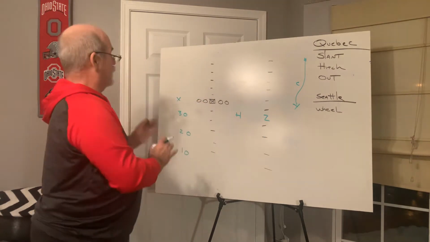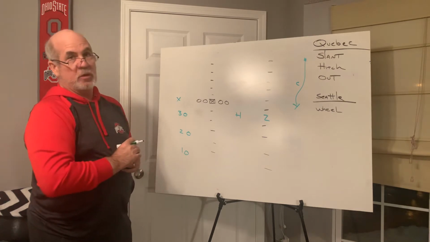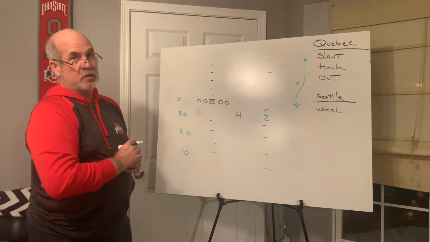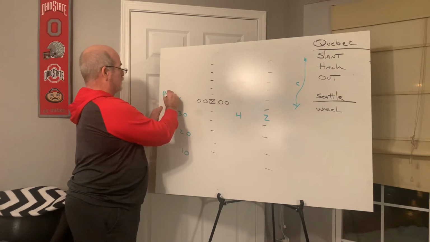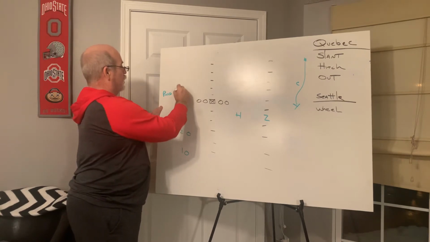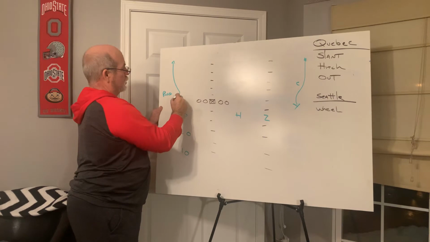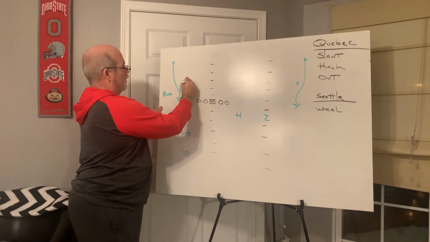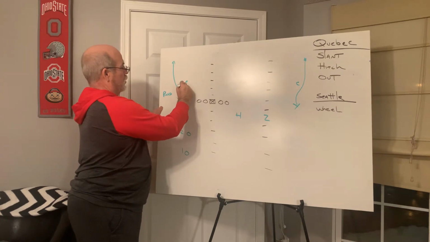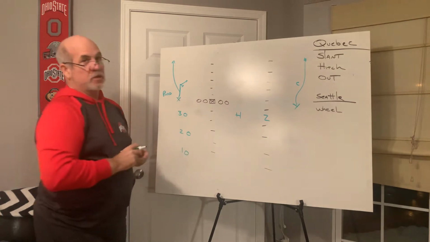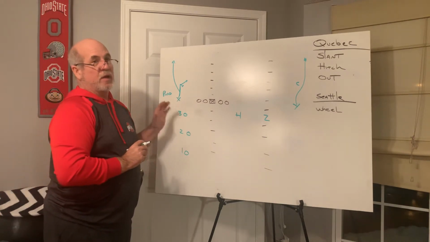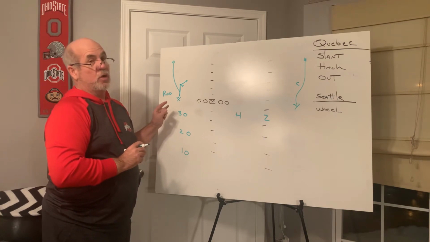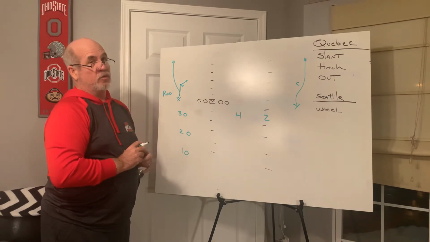The backside receiver, the X in most of these, always has that read route with a chance to run a go, a slant, or a hitch based on the coverage. And I can't stress enough how important it is that we find an X, preferably two, who can win in one-on-one coverage.